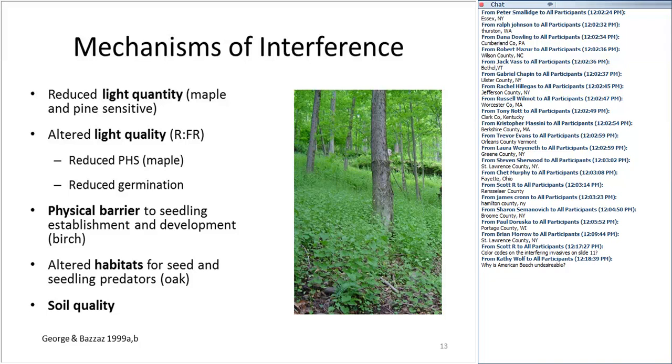Those far red wavelengths, especially as a ratio relative to the red wavelengths, limit things like the germination of seeds and the growth and development of seedlings. So the quality of light matters as well.